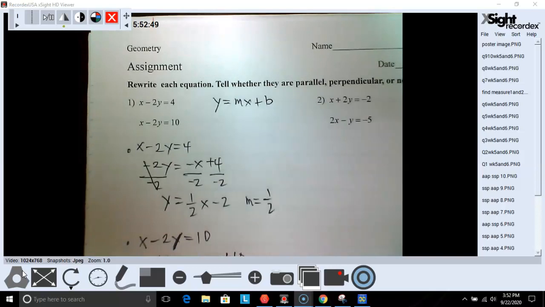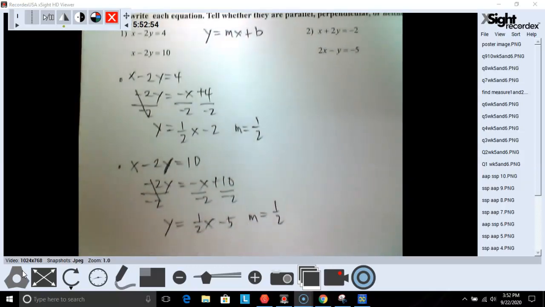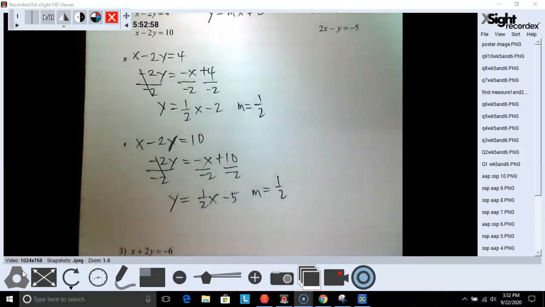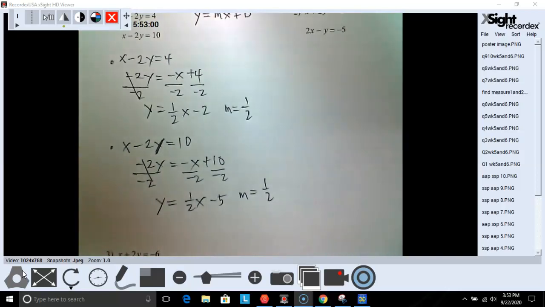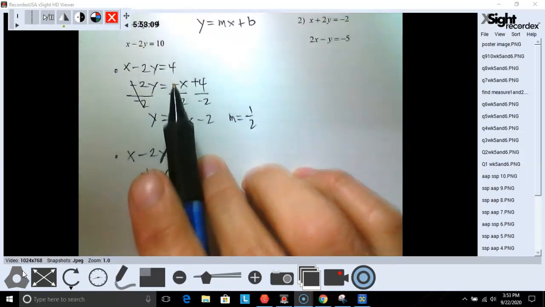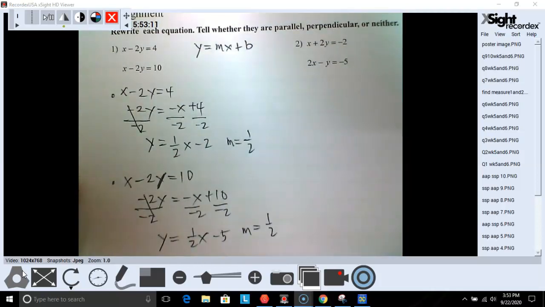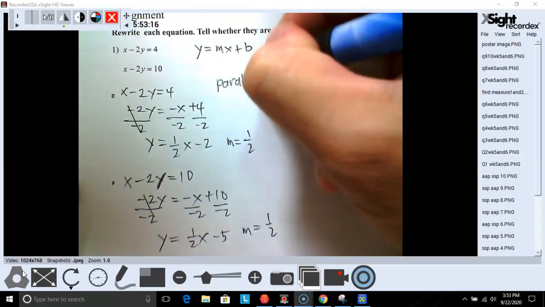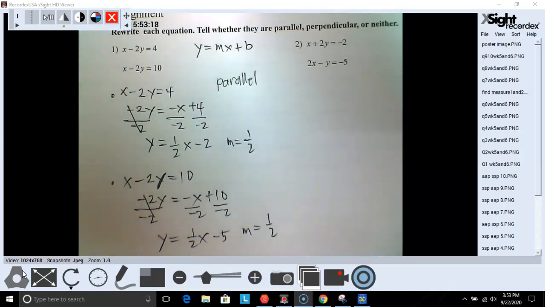So if you look at it, the slope here is also 1/2. Therefore, these two lines, we can select parallel. We can just write it anywhere, as long as it's number one.